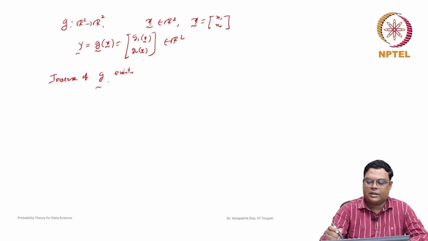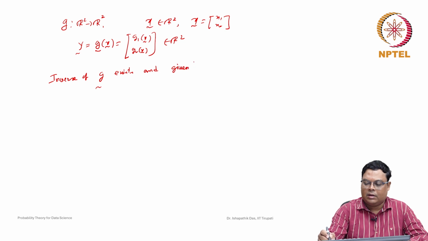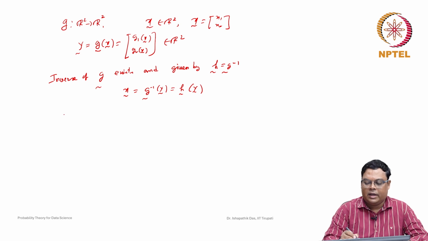This is a vector function, which we denote h equals g inverse. So you can find x equals g inverse of y, which is equal to h of y. Not only that, remember that for the univariate case we discussed the derivative, which is either strictly greater than 0 or strictly less than 0.